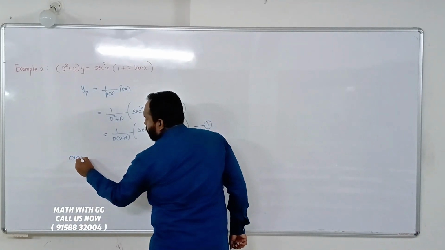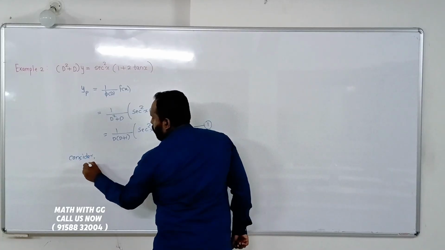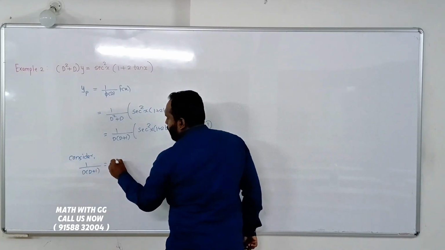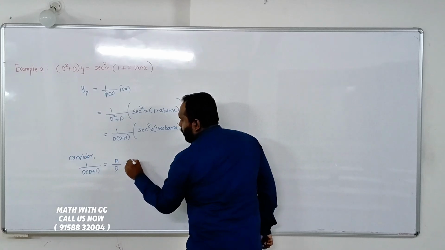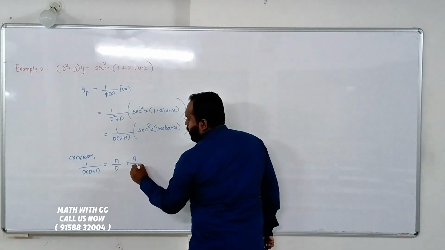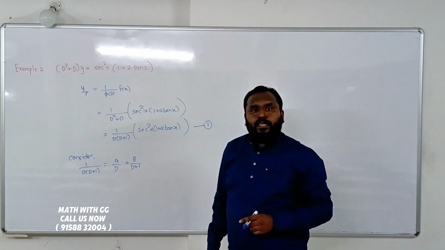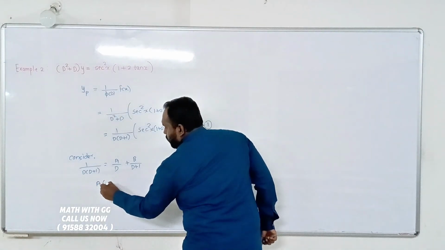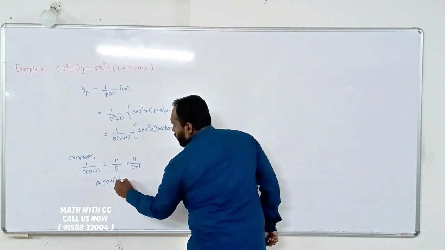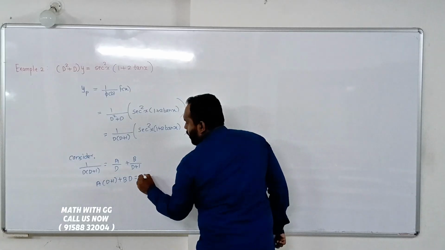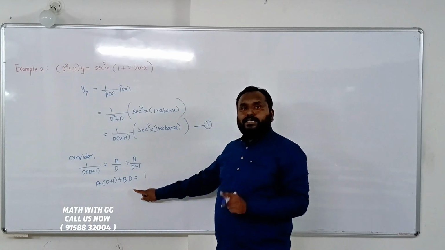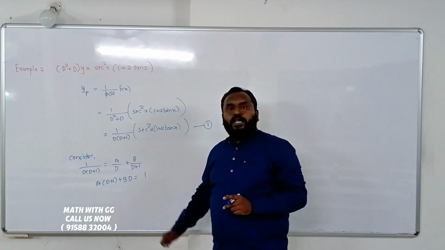Consider 1 upon D into (D plus 1) equal to A upon D plus B upon (D plus 1). Cross multiplying and cancelling the denominator, we get A into (D plus 1) plus B into D equal to 1. We have to put the value of D such that one of the coefficients is 0.